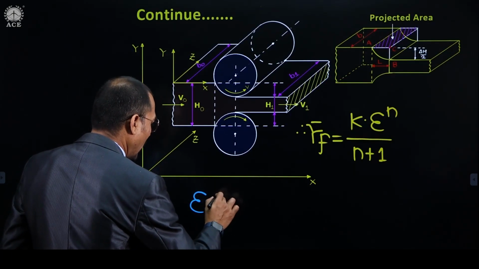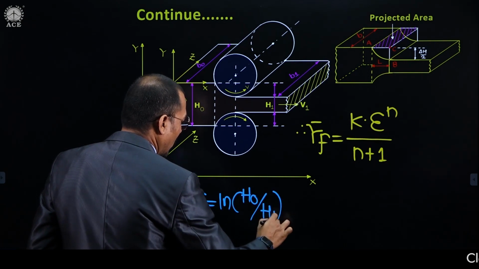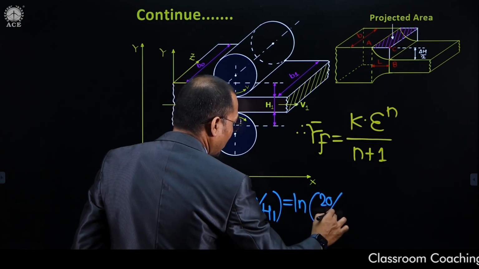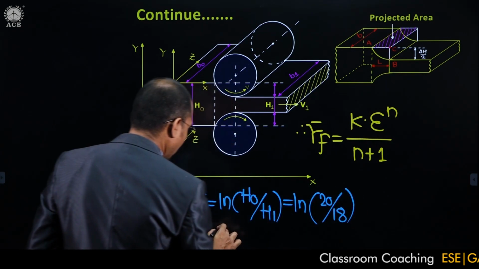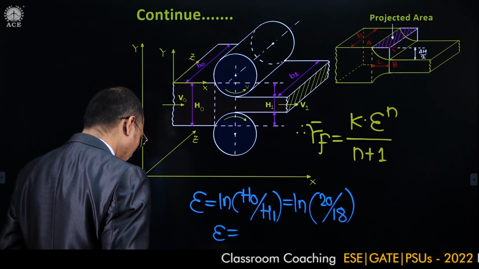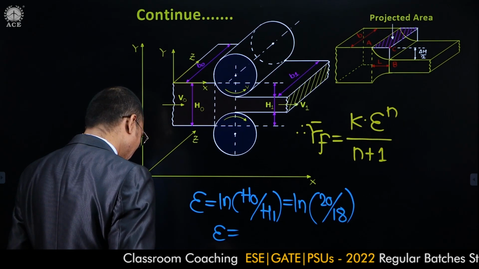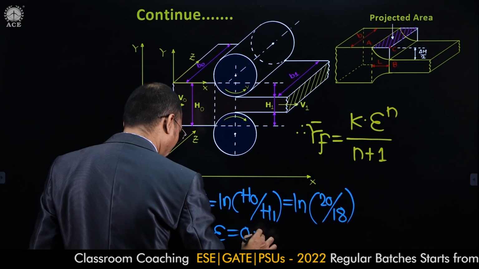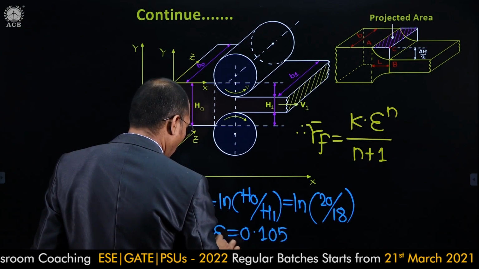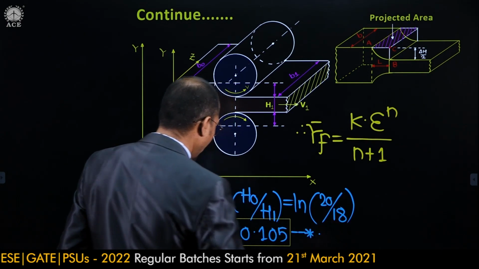Strain is equal to ln of H naught by H1, original divided by final, which is ln of 20 divided by 18, and therefore the true strain epsilon comes out to be 0.105. This is my value of true strain.